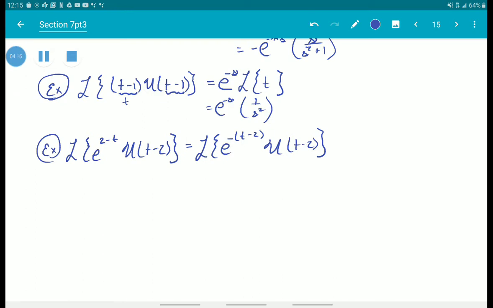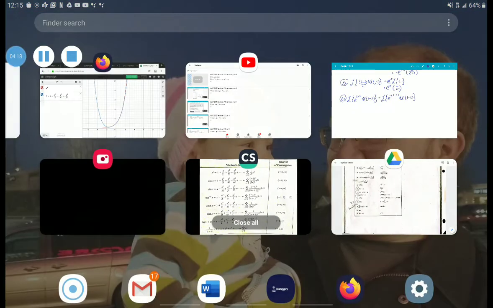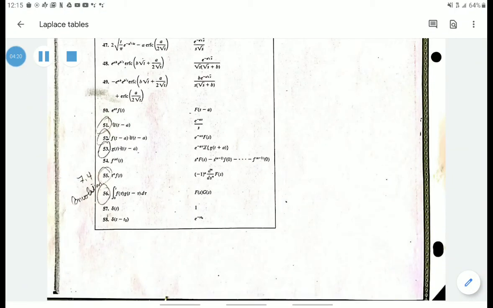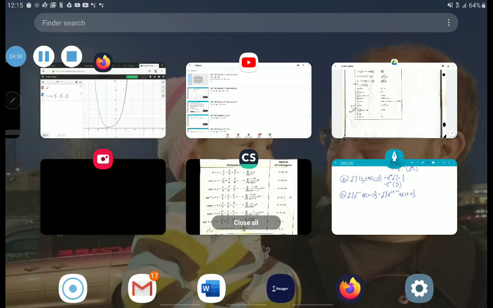So using number 52, we have t minus a in both places. So then we can use this. So it's going to be e to the negative as times F of s. But remember that F of s is the Laplace of our function in terms of t.